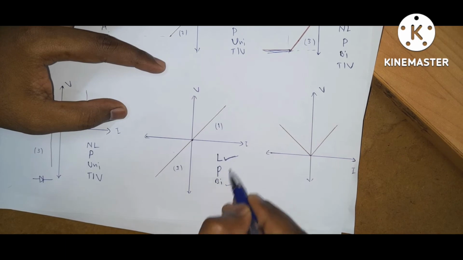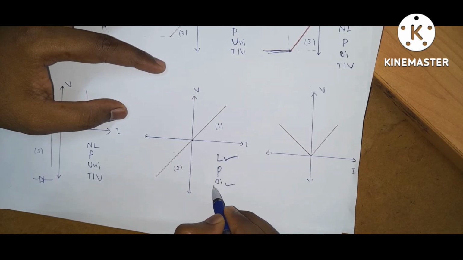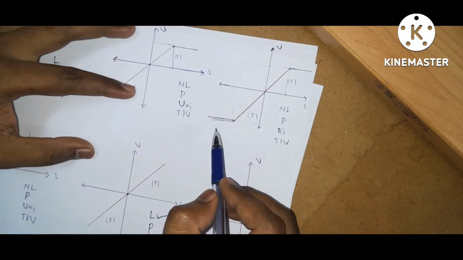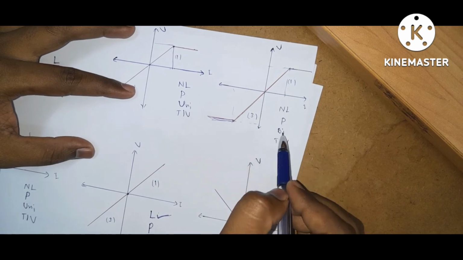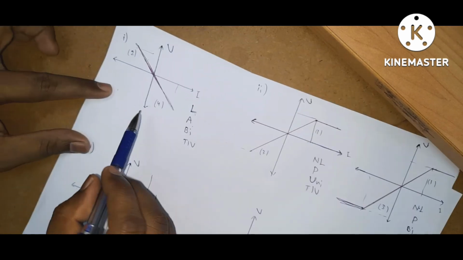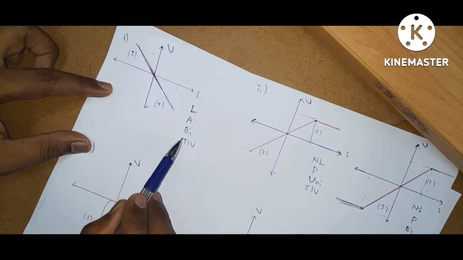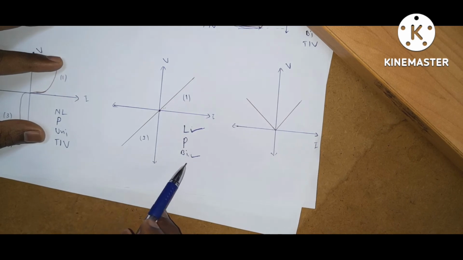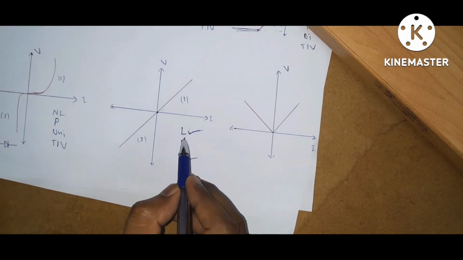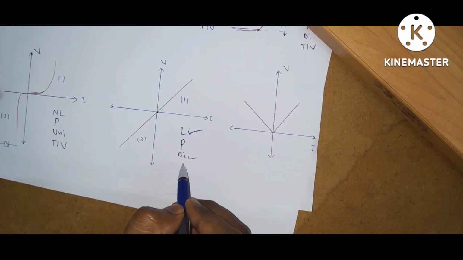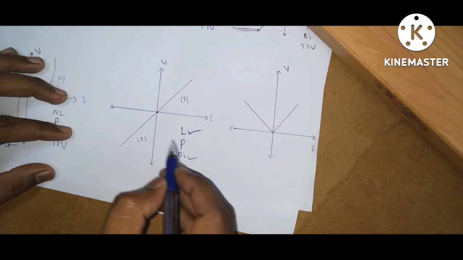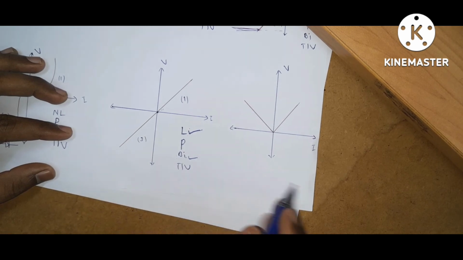All bilateral elements are not linear elements. If you observe here, this is a bilateral element but not linear. If you observe here, this is linear and bilateral. Next, this is time invariant.